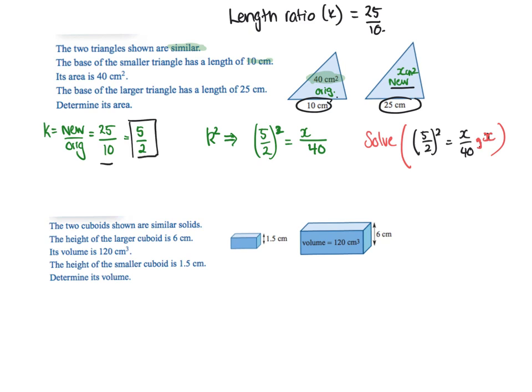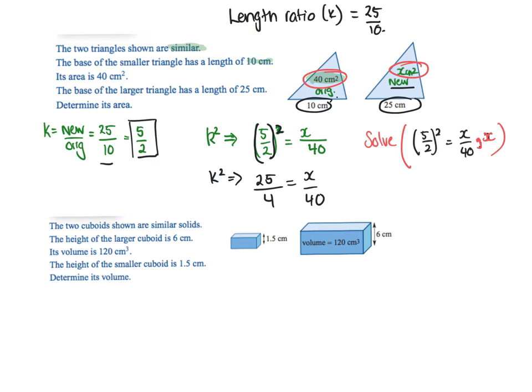If I want to compare the areas, it's like you use the K as your corresponding side, but you square it. So K squared. You can just leave it as a fraction and make sure you square the whole thing. Or you could say K squared is like squaring both those numbers, 25/4, I've squared both numbers, equals x/40. So we are comparing the areas, because I want to know the area of the new one.